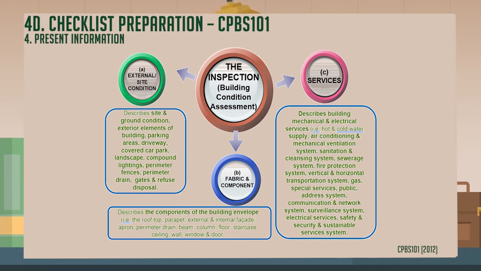Furthermore, building services cover building mechanical and electrical services, for example, hot and cold water supply, air conditioning and mechanical ventilation system, sanitation and cleansing system, sewerage system, fire protection system, vertical and horizontal transportation system, gas special services, public address system or PA system, surveillance system, electrical services, safety and security, and sustainable services system.